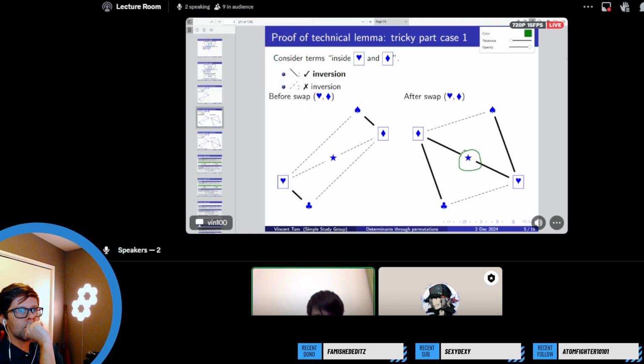Actually this is not a row index, this is a value mapped by sigma of a row index. You can see that there's an even number of changes in the number of inversions here.